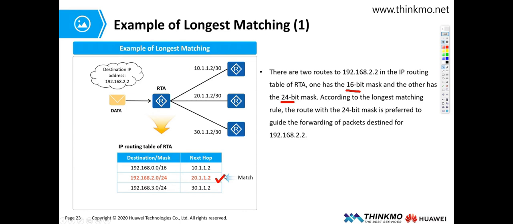It helps us reach the destination, because a longer prefix often means fewer host bits, which implies greater precision. Therefore, it will choose the one with the longer subnet mask for forwarding. As for 3.0, it's simply because 2.2 does not belong to the 3.0 network segment. So when we conduct an election between these two, if one is 16 and the other is 24, we choose the one with the longer subnet mask.